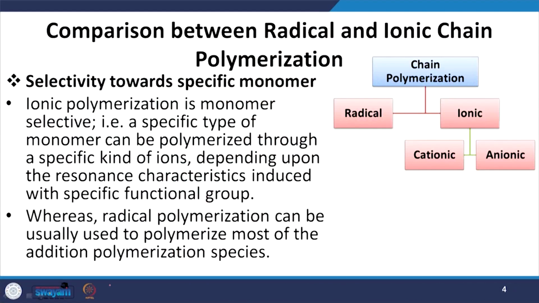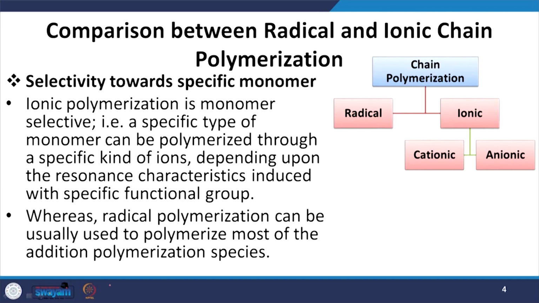Now let's have a look at a comparative note between the radical and ionic chain polymerization. We are all aware of the basic concepts of radical polymerization as well as ionic chain polymerization. Here we are going to discuss the selectivity aspect, selectivity towards a specific kind of monomer.